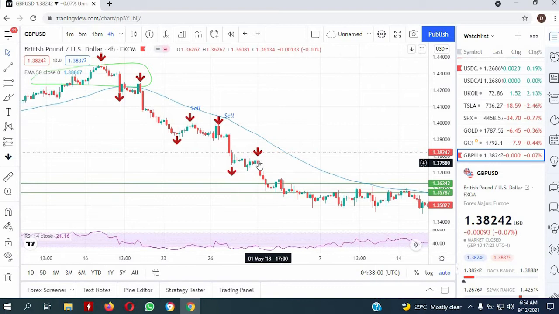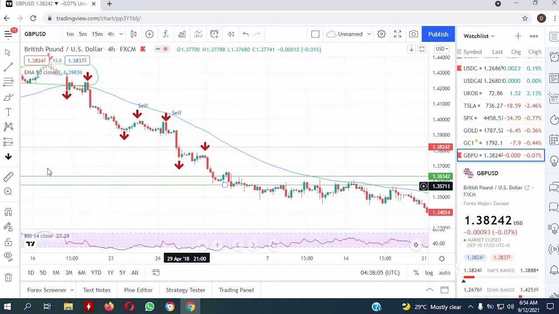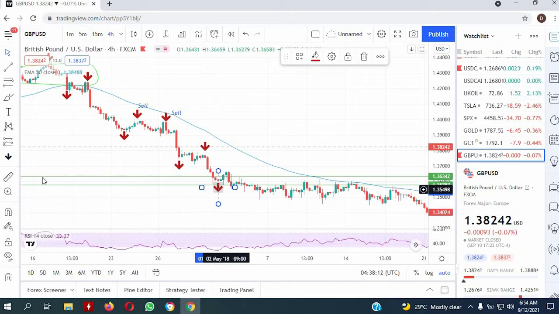So another lower high. The market comes into this area, right? Creates a lower low right here, then creates a lower high right here.